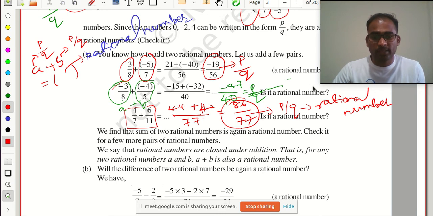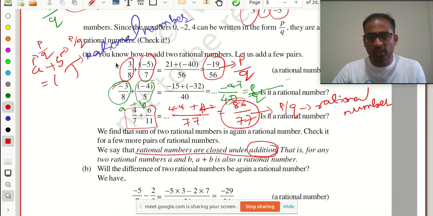Understood? So we can say these rational numbers are closed under addition. For any two rational numbers A and B, I took examples as 3 by 8 and minus 5 by 7, minus 3 by 8, minus 4 by 5, 4 by 7 and 6 by 11.